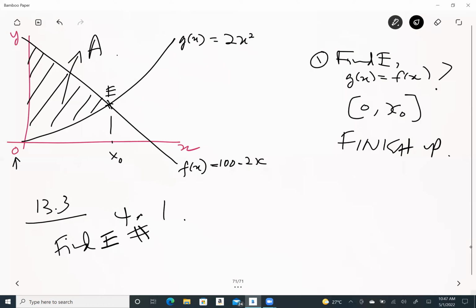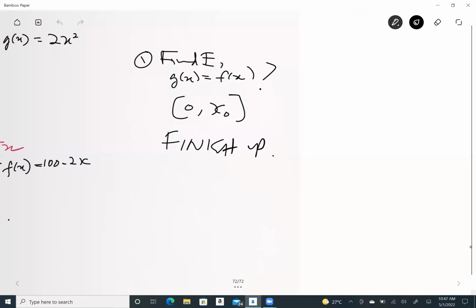Okay, one application that I want to look at is the concept of consumer surplus and producer surplus. 13.4, look at the application, consumer surplus, producer surplus.